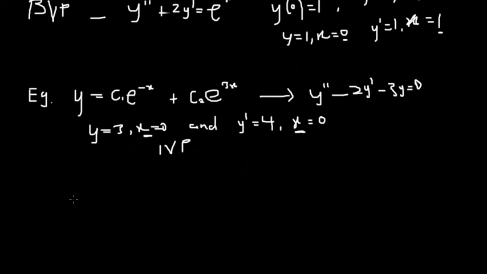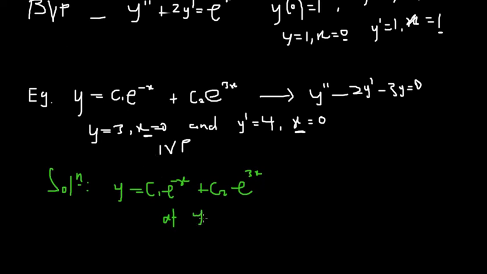So now we have our solution to be y equals c1 e exponent minus x plus c2 e exponent 3x. Now from here, let's use the first condition.